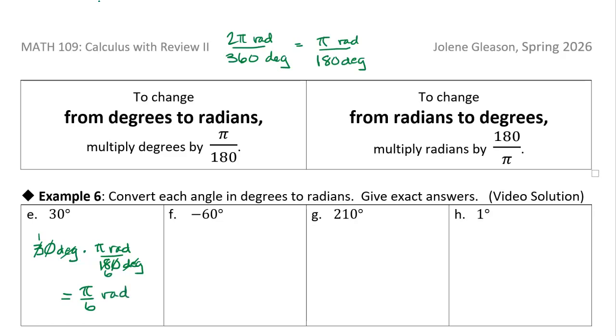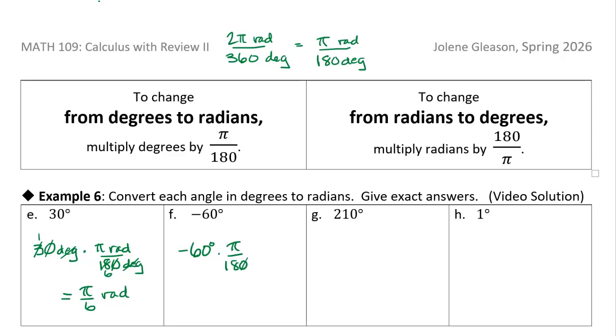So all I did is multiply by that conversion factor, pi radians per 180 degrees, and then reduce the fraction down. Let's do that again. Feel free to pause the video, try these on your own, and then fast forward to the end and check your answers. We're going to convert negative 60. I'm going to multiply that again by pi over 180, because there are pi radians in 180 degrees.